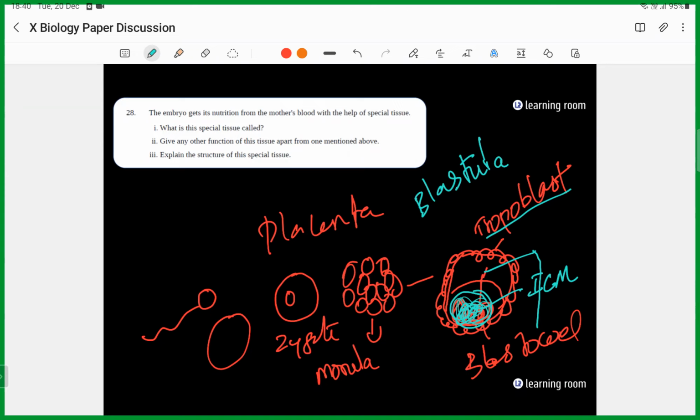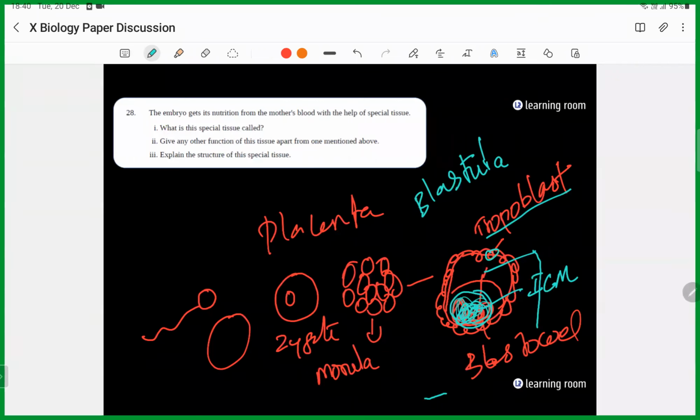What is the function of the outer trophoblast? What is the function of the inner cell mass? The inner cell mass develops into the baby. And the trophoblast develops into placenta. Correct, very good.